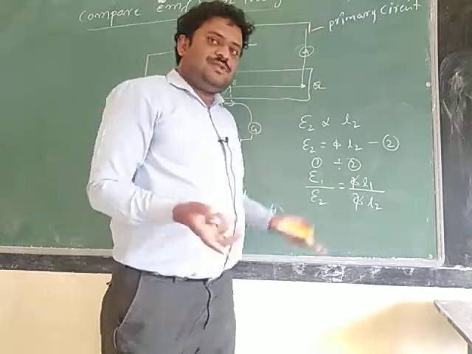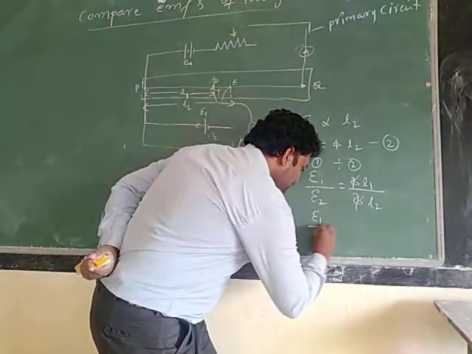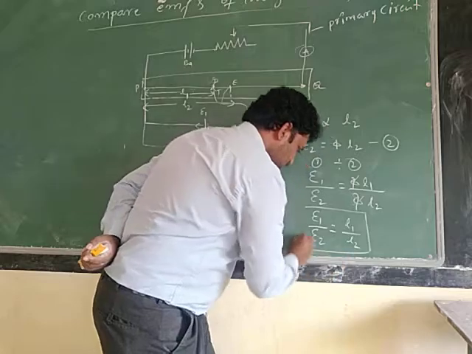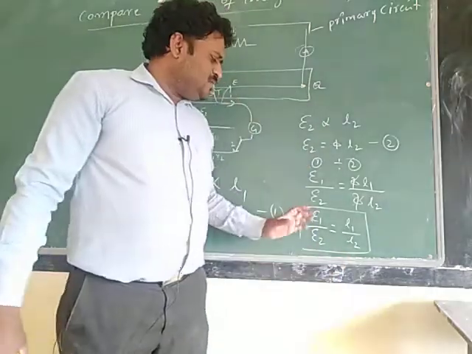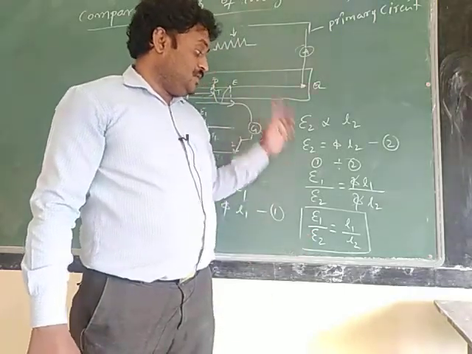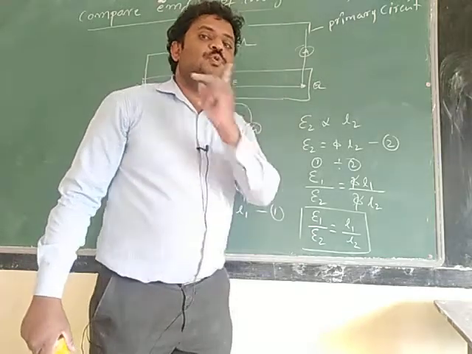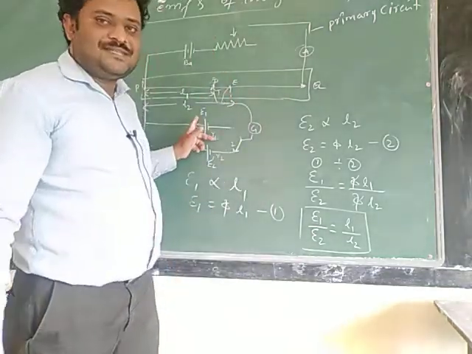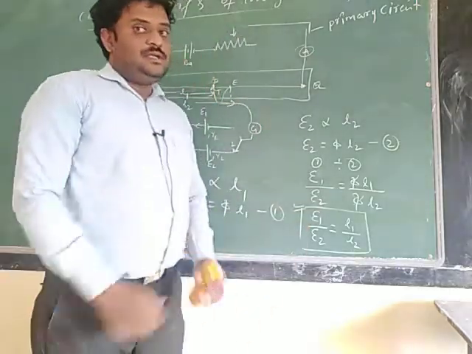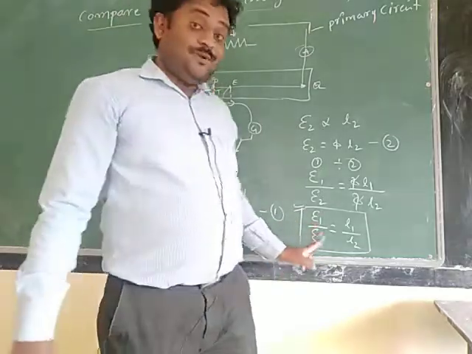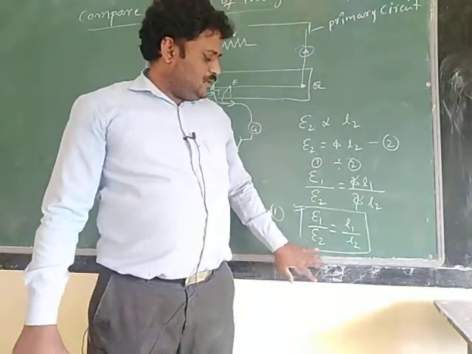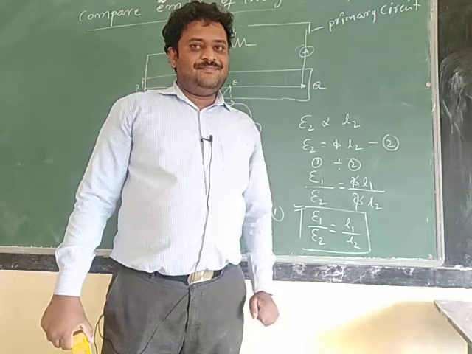What's remaining? E1 by E2 is equal to L1 by L2. This is the very important relation we use in the potentiometer to compare the EMF of two cells connected in the secondary circuit of the potentiometer. Is it clear? We use this expression even in the laboratory.